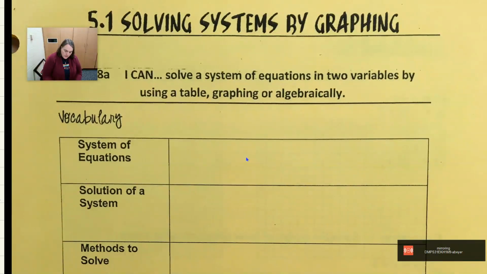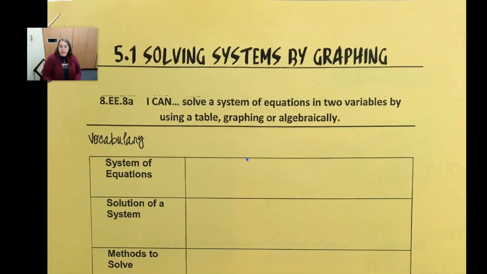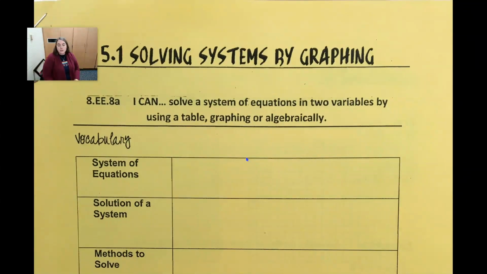Okay, so here is our packet. Solving systems by graphing. We're actually going to do graphing and a table. So first we're just going to talk about what a system is. A system is 2 or more equations, a set of 2 or more equations.